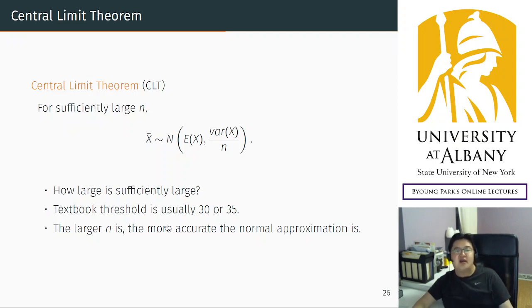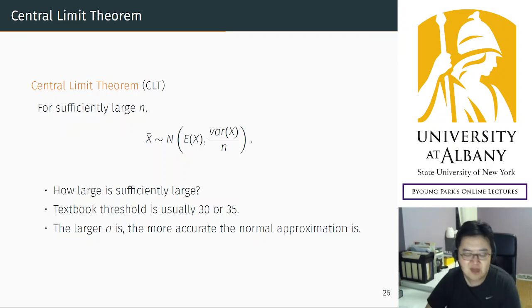And usually, I would recommend you have at least 100 observations. And these days, having 100 observations is not that difficult, right? These days, we are living in the age of big data. So 35 is a joke, right? If you have only 35 observations for some analysis, then no one is going to believe that. It's too small a sample.